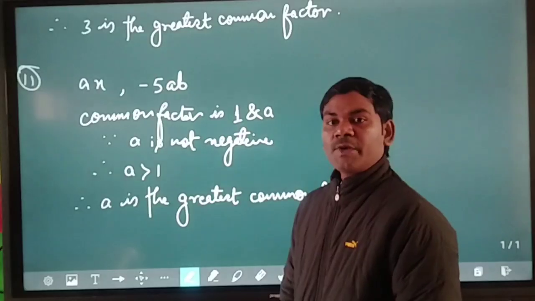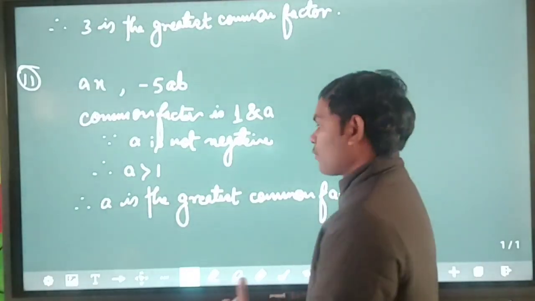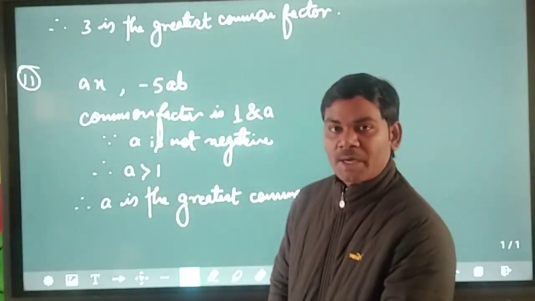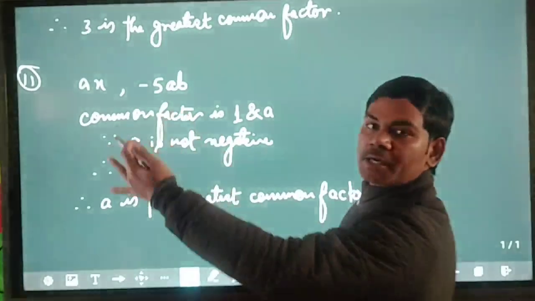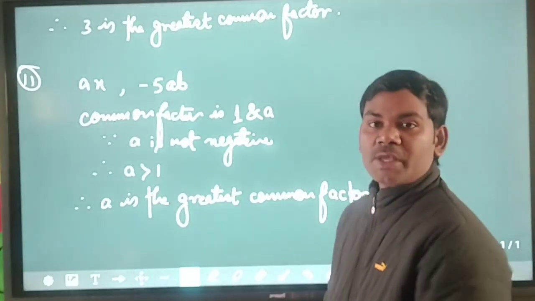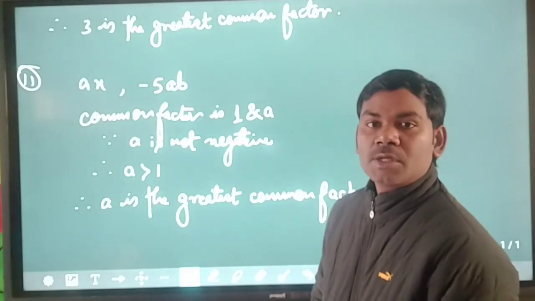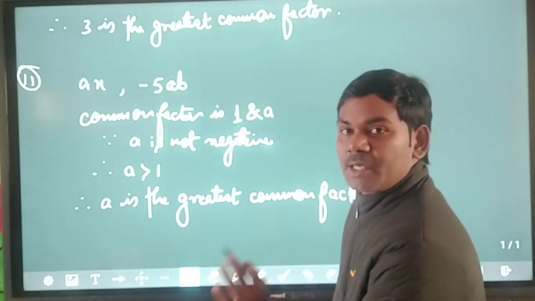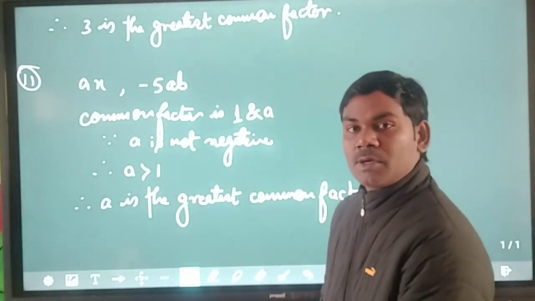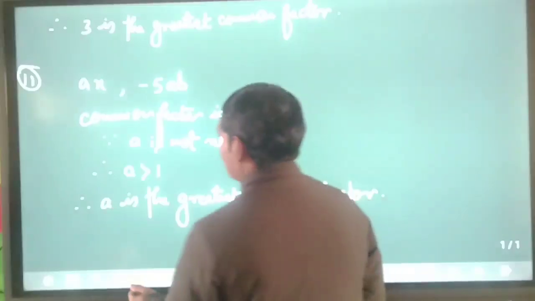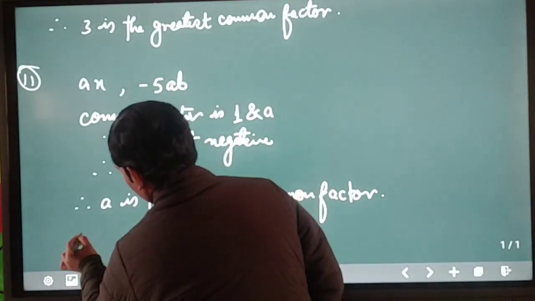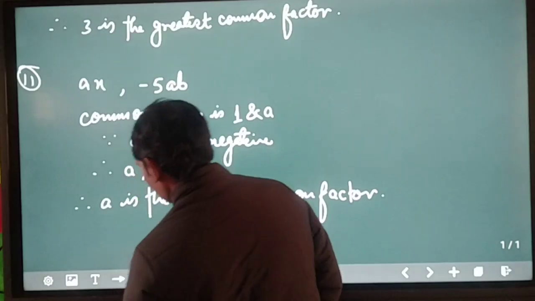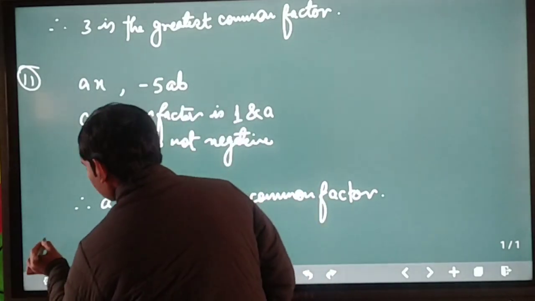If we check why a is the greatest common factor, we have to divide both quantities separately by a. If we get remainder 0, then we can say that a is the greatest common factor. So let's check the validity.